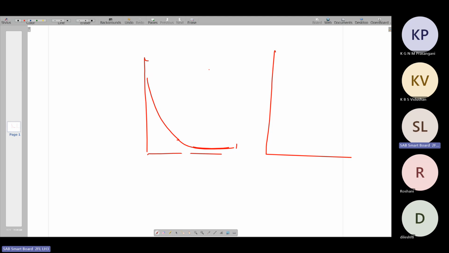So this is money demand at Y0, at a very low level interest rate. And this is the money supply, let's say.